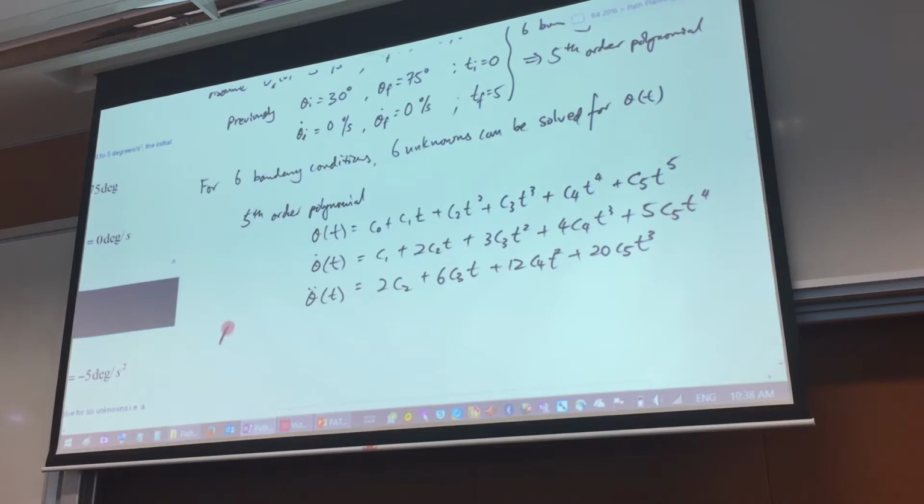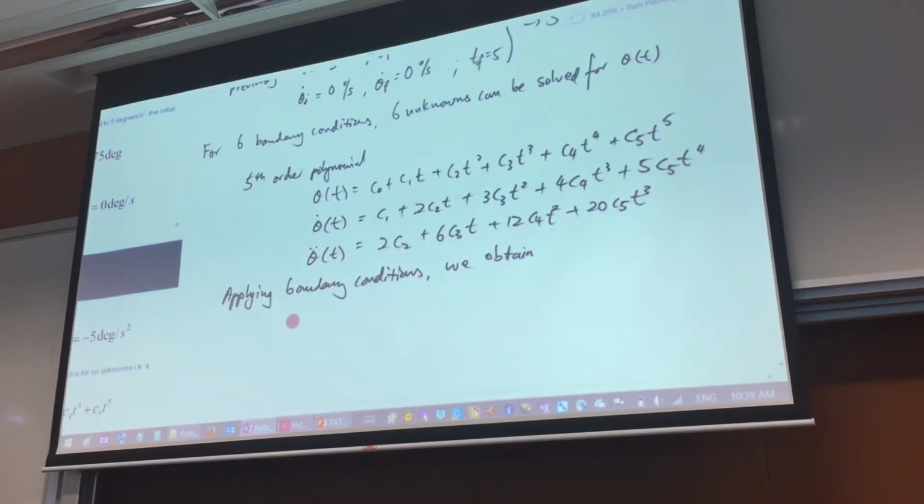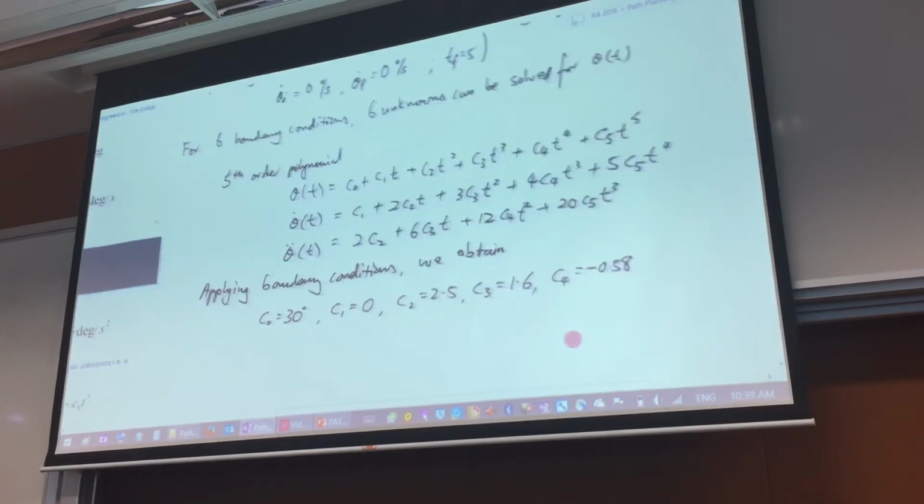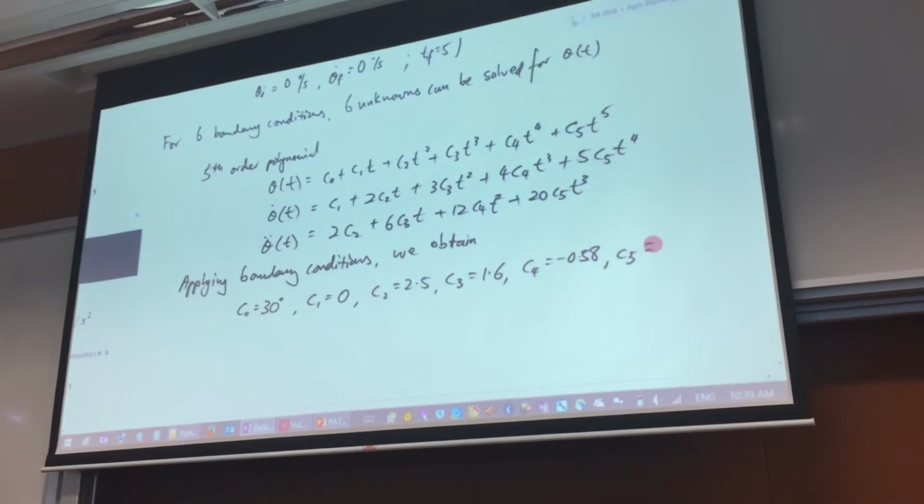So I'm not going to solve them step by step, but applying the boundary conditions and solving for all the unknowns, I'll get C naught to be 30 degrees, C1 0, C2 2.5, C3 1.6, C4 minus 0.58, and C5 equals 0.0464.